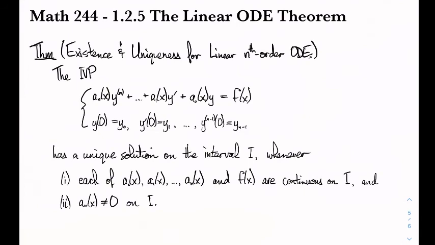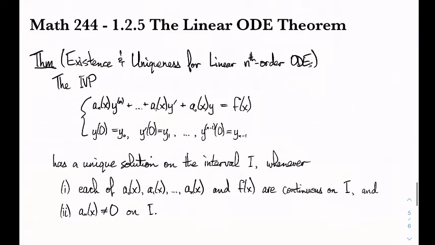So the statement of the theorem reads: if an initial value problem, so here's an initial value problem, has the properties that each of the coefficient functions is a continuous function of x, and also f is a continuous function of x on some interval, and it also has the property that a_n of x, that's just the coefficient of the highest order term, has no zeros on the interval I, then the initial value problem has a unique solution.